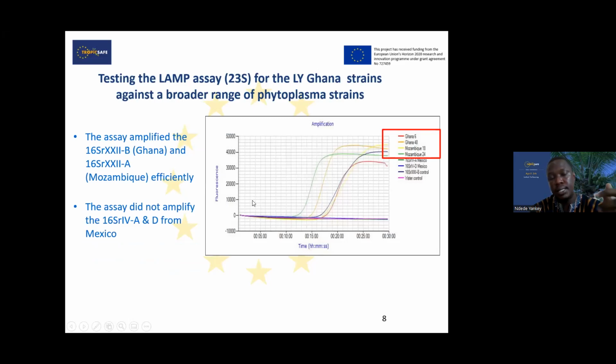So we now tested this LAMP assay against a broad range of phytoplasmas, and this included the phytoplasma associated with the disease in Mozambique, which belongs to the 16SrXXII group A. And we also tested them against samples from Mexico, from groups 4A and D. And from the results, we realized that the assay, which was specific for the Ghanaian strain, will amplify the Mozambican phytoplasma, the Mozambican disease with equal efficiency.